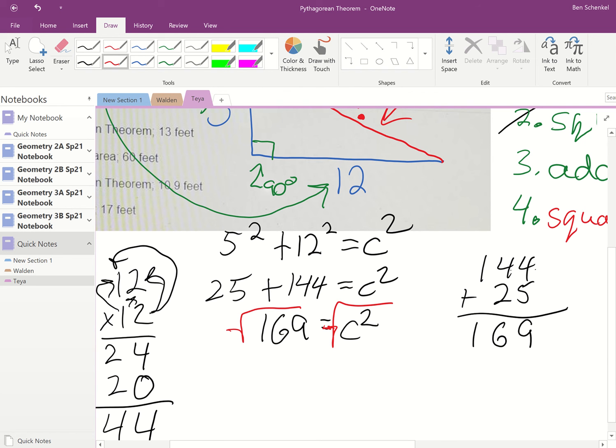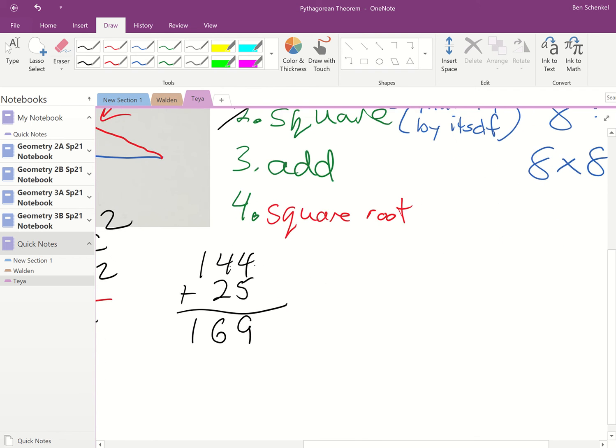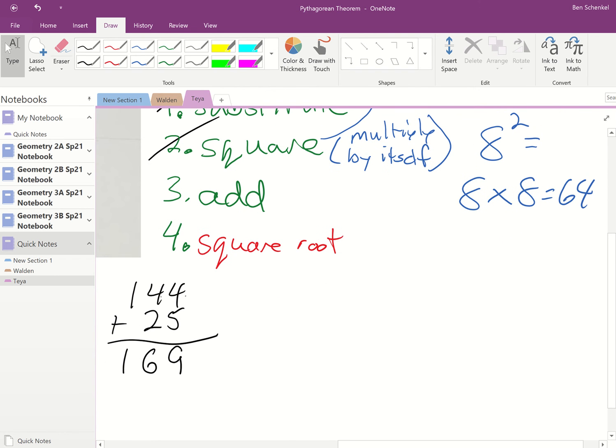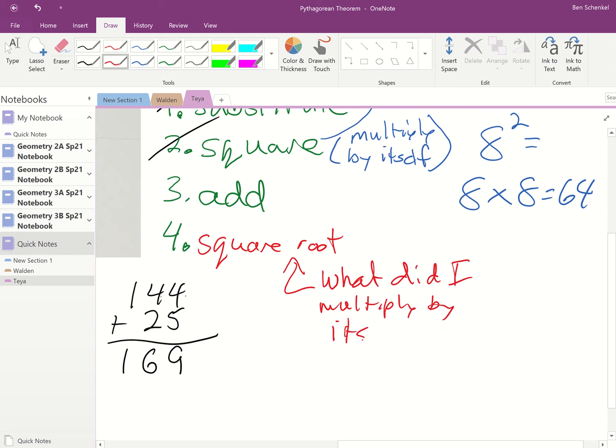Okay? Anytime you find the square root, you're like undoing a square. So you're asking yourself, what did I multiply by itself to get 169?